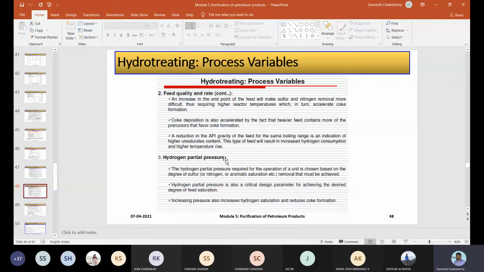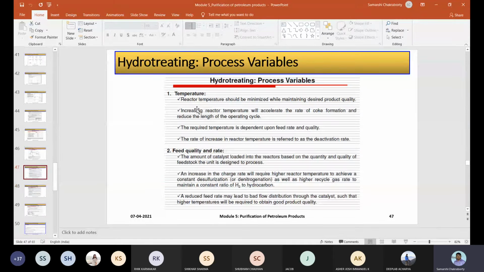What I have explained, all the stages, how product quality, how rate, how hydrogen partial pressure is affecting my hydrotreating process, during the examination also you have to explain point by point. Don't expect that if you write whatever is present in your PPT you will get full marks. I am expecting you to explain it also. I have explained each and every point, what this means, what that means, so you also have to explain it in a similar way.